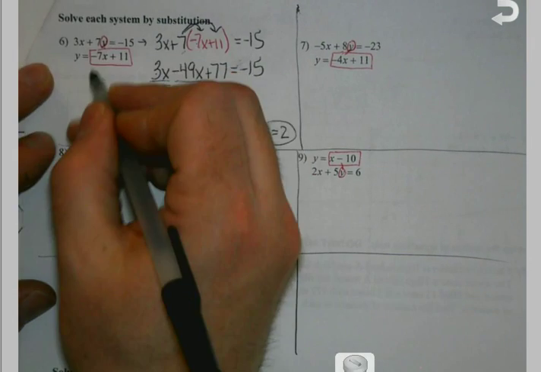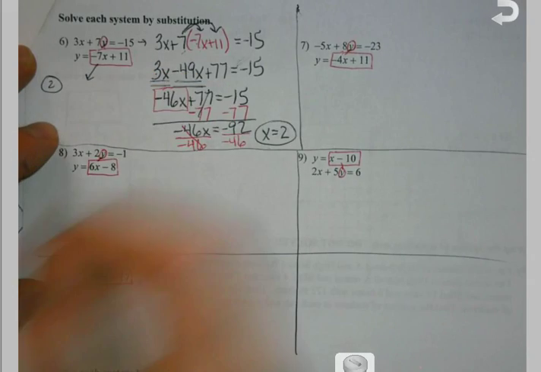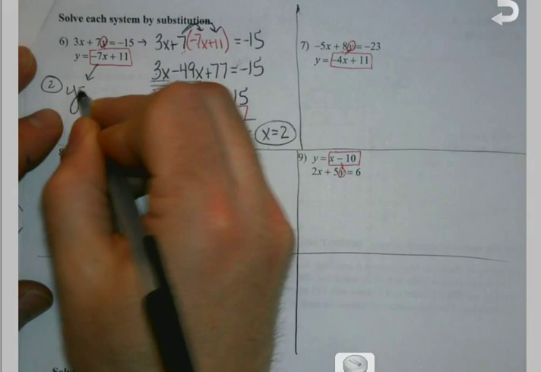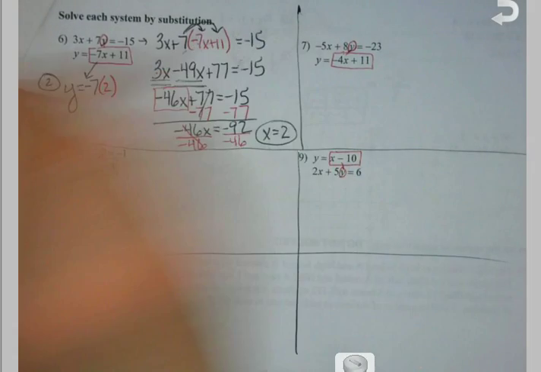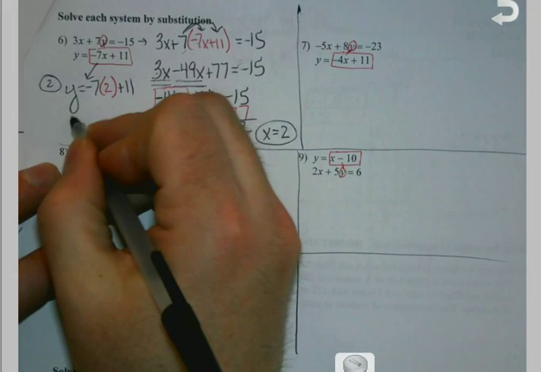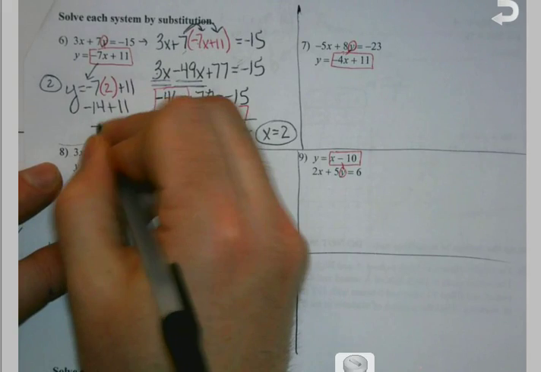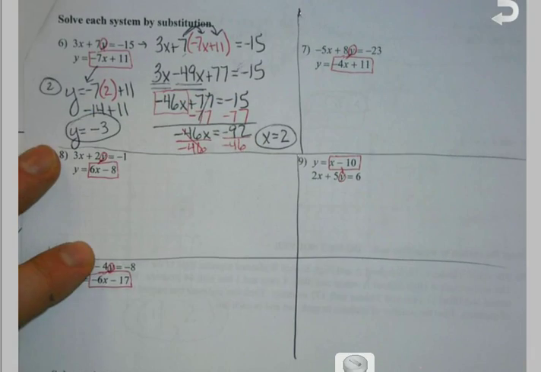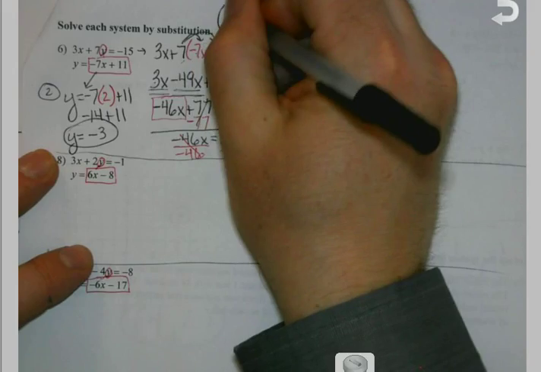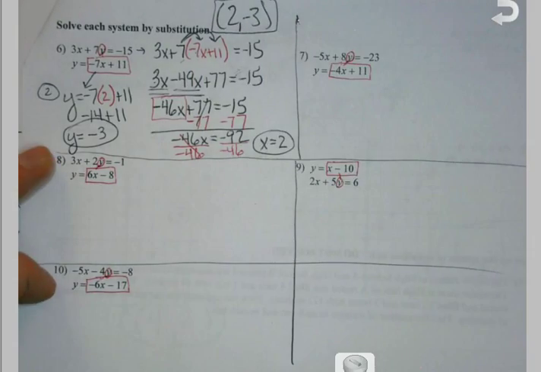And then my second step is always going to be plugging that value that I just found, in this case for x, back in. And figuring out what y is. And again, typically on these, we'd put the answer in a coordinate just like we did with the graphs then.